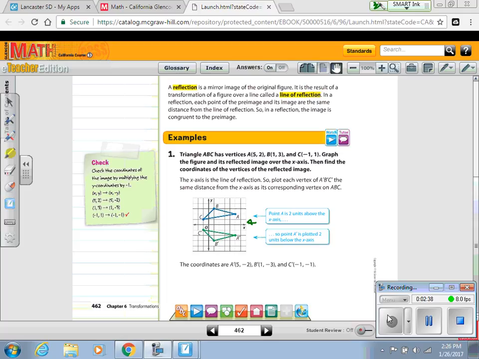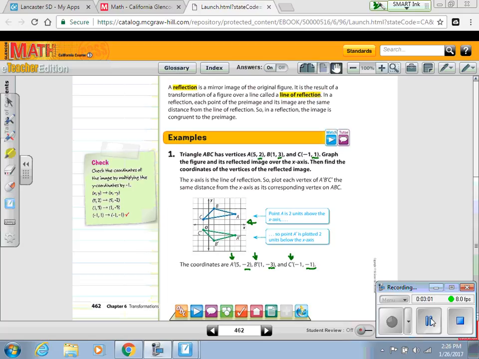So this 2 becomes -2. This 3 becomes -3. And this 1 becomes -1. And as you can see, we're using the prime symbol to signify that the new image is the prime of the other one.